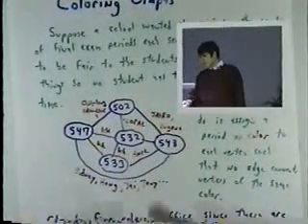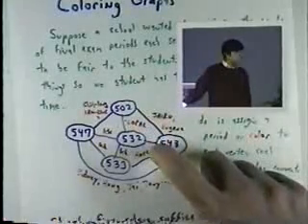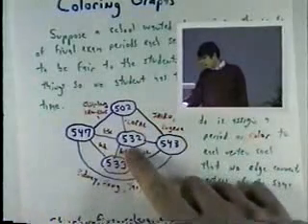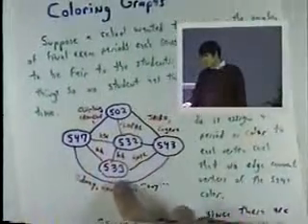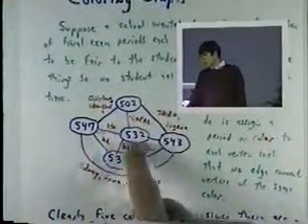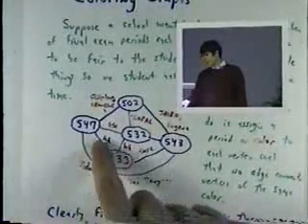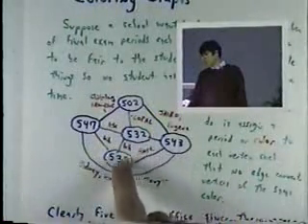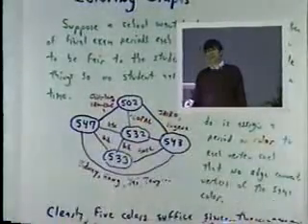So if we look at this chart here, Gopal is taking both 502 and 532. KK is an industrious student. He was taking 3 different classes, and that explains why there are 3 different edges here. The 3 courses he's taking are this, this, and this.